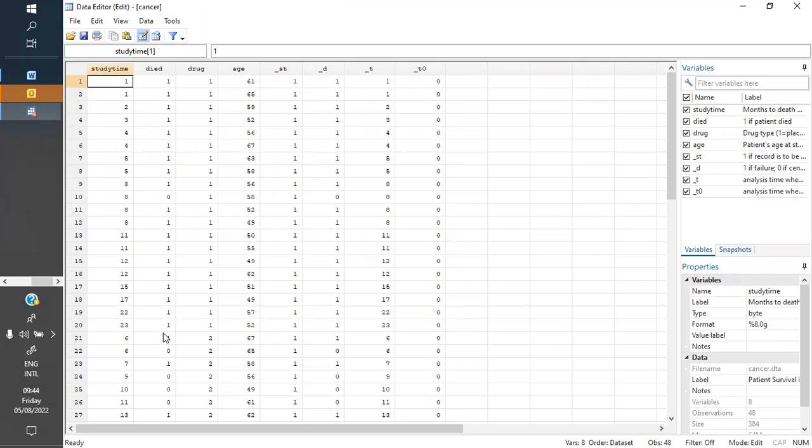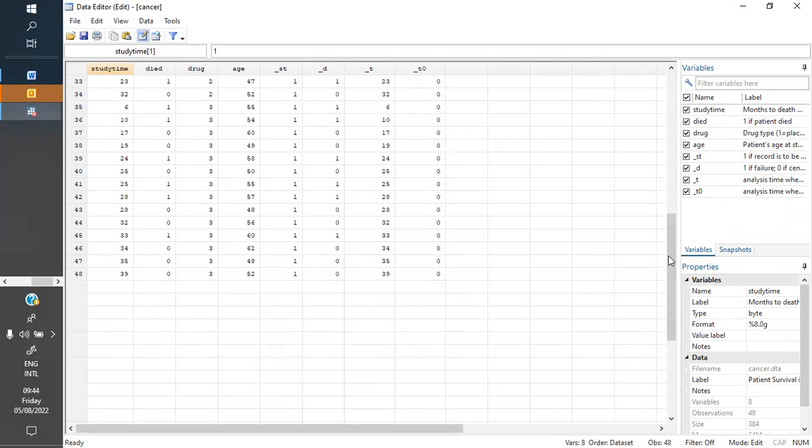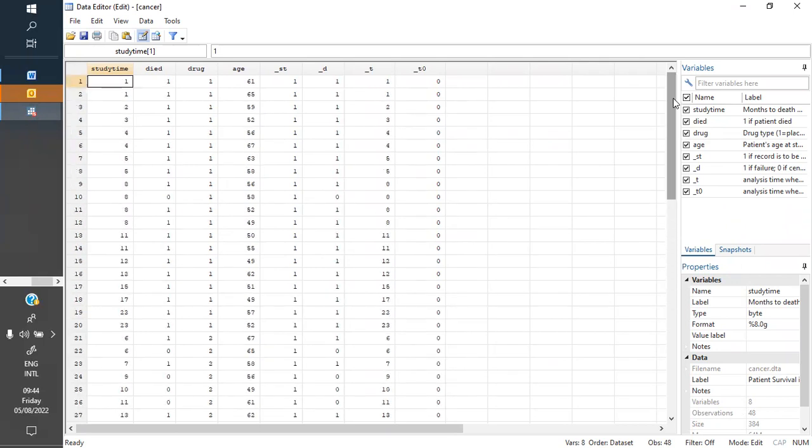We have 1 or 0, 1 meaning that someone is dying, 0 not. And now group 1 is not taking drugs, for example, and the 2 are those who are taking partially drugs, and the 3 we have this group which is taking fully drugs. We want to see if there is a relationship between the fact to take the drugs and dying. Okay, it's what you want to see.